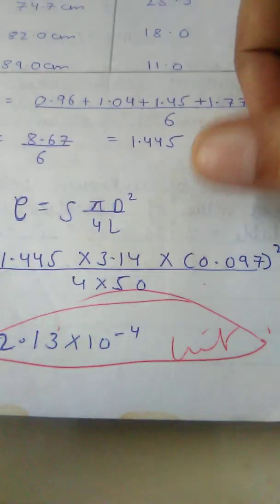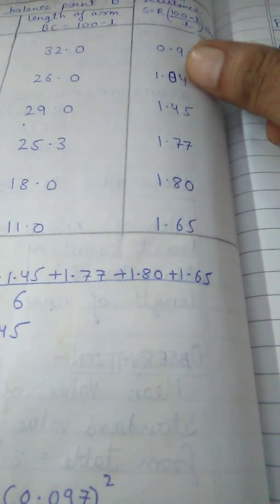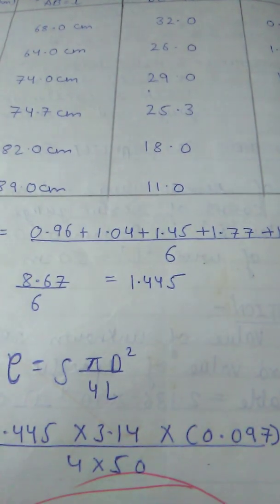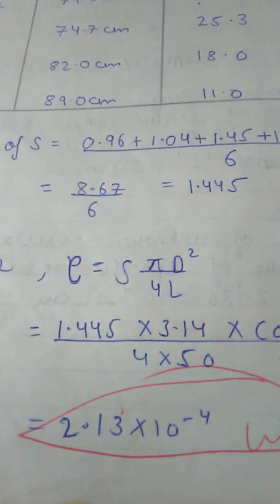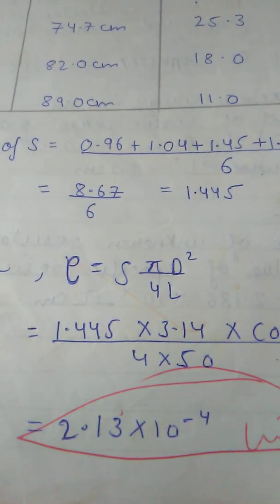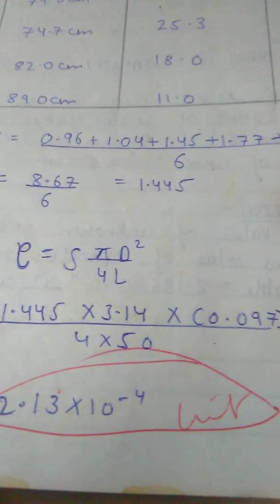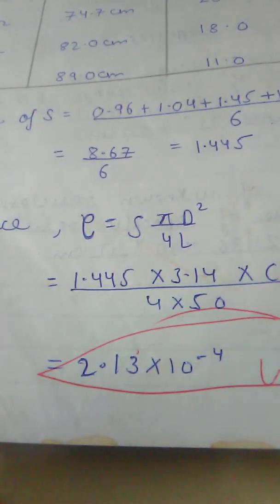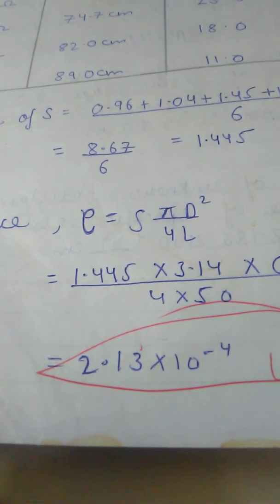The value of S will be the mean of all these readings, so you have to take the mean. Put the value of S, the value of pi, and the value of D, that is 0.97, and on calculation we get 2.13 into 10 to the power minus 4.